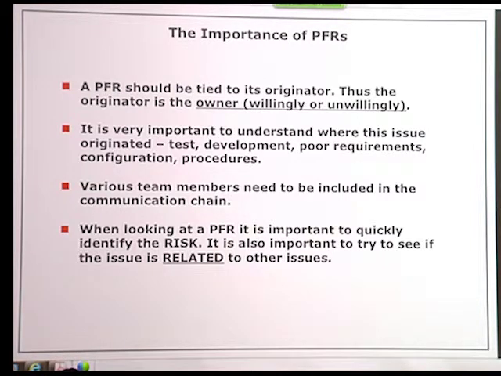Are they all tied to a particular root cause? We often saw problems that were tied to a particular root cause. And so when you see that, you can actually make annotations in the problem failure report of the list of the different PFR numbers that are related to one another.